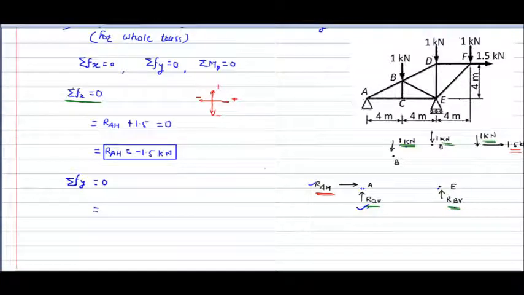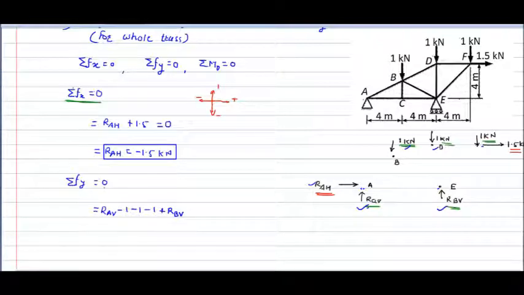That is RAV in positive y direction, plus RB vertical, minus 1 kilonewton, then the third force is minus 1 kilonewton, the fourth force is minus 1 kilonewton, then this RBV which is in positive y direction, so positive RB vertical.